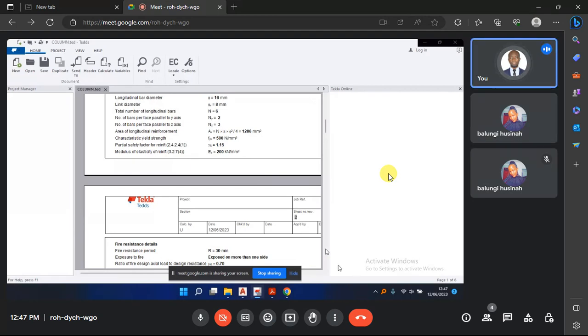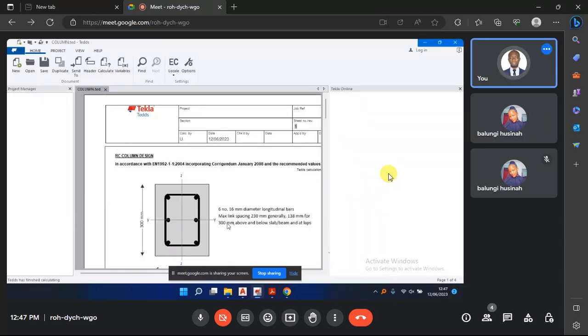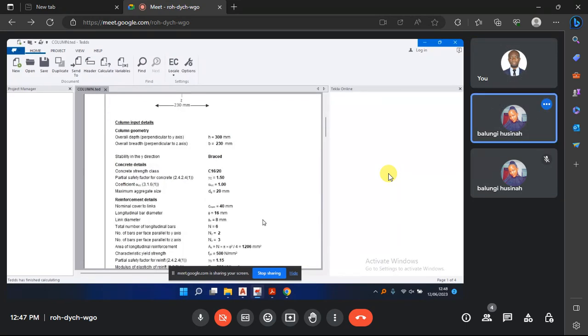Are they showing shear? Scroll up, scroll slowly. Maximum. You're seeing it there? Go back on the sketch.